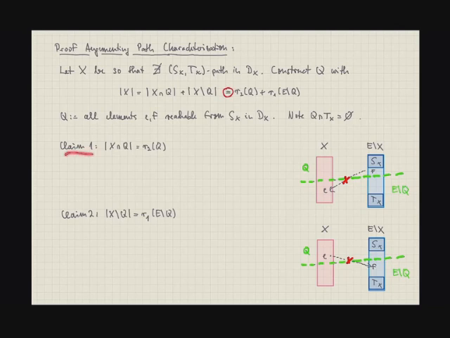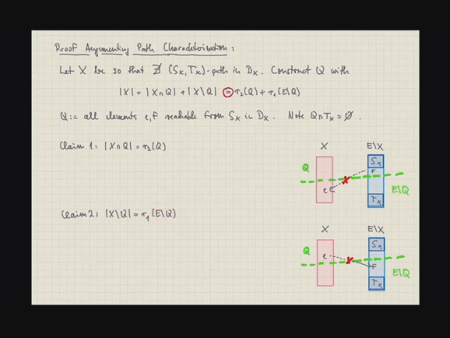The first claim says that the number of elements in the intersection of X and Q is equal to the rank of subset Q, in this case with respect to matroid number 2. And we're going to show that the number of elements in X without Q is equal to the rank of E minus Q, in this case with respect to matroid number 1.